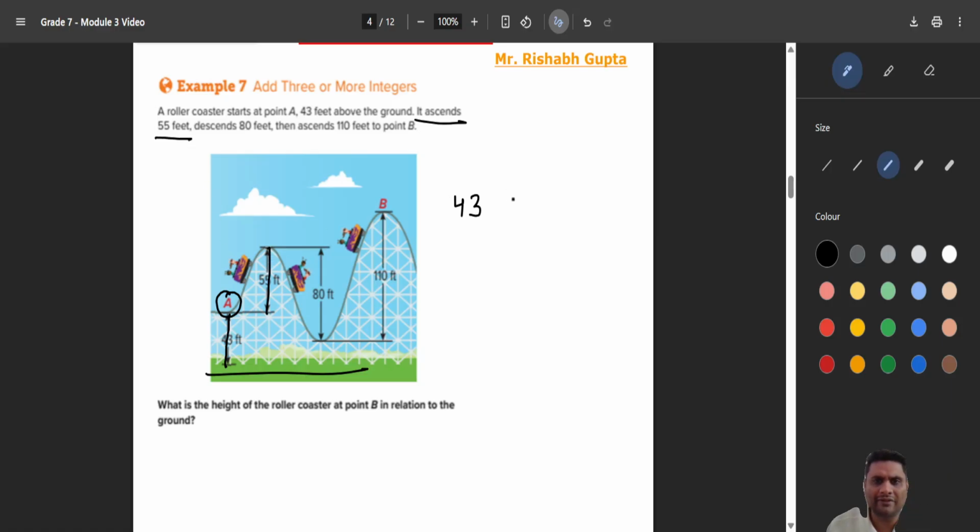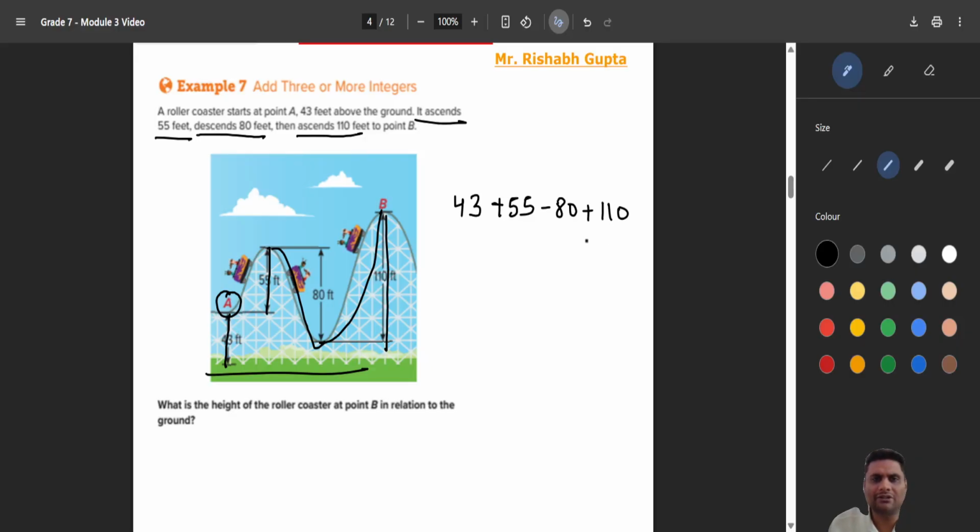It went up 55, up, that is, again plus. Then it descended 80 feet. Descend, that is, going down. Down, that is, minus. So minus 80. Then it ascended 110 feet. Ascend, going up again. To how much? 110. Ascend, up, that is, plus 110.